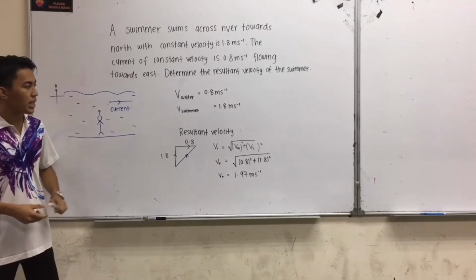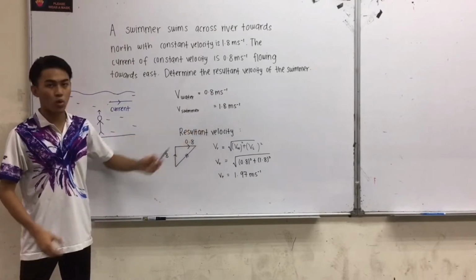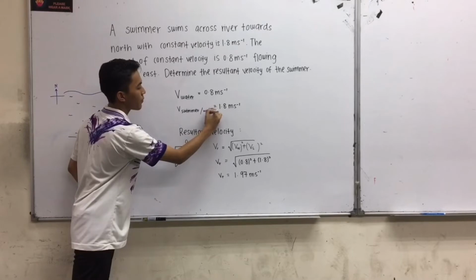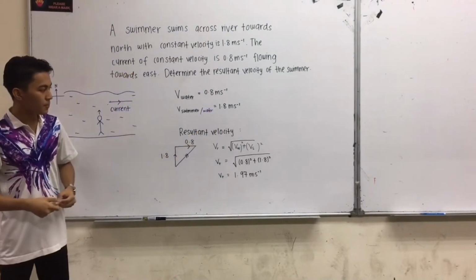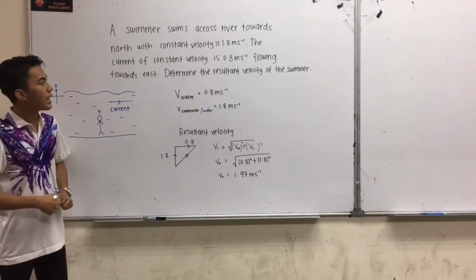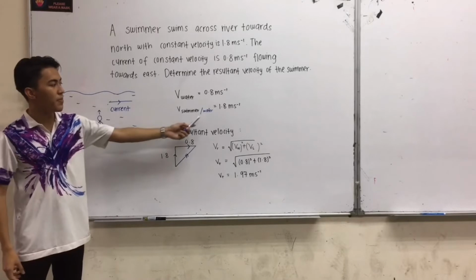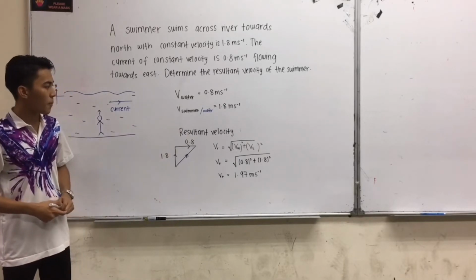So 1.8 m/s stands for velocity of the swimmer relative to the water, because 1.8 m/s is affected by the current of water. So we assume that 1.8 m/s is the velocity of the swimmer relative to the water.